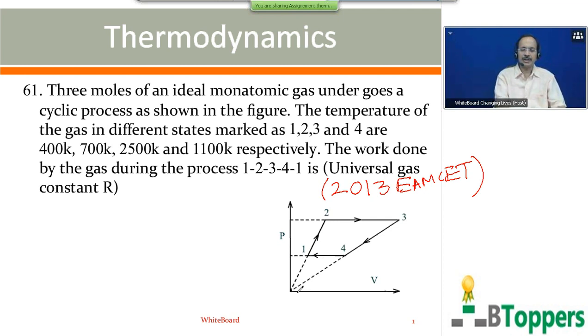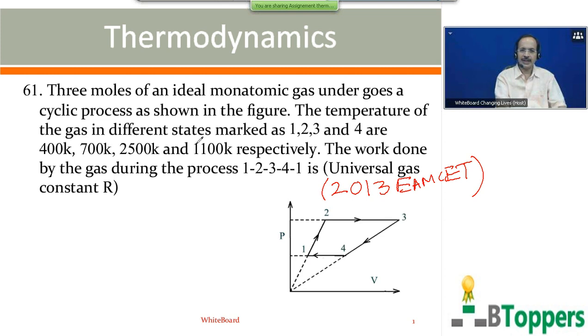I have given a similar question in the earlier assignment, but I had given the VT diagram, whereas here you are given a PV diagram. I will read out the question. 3 moles of an ideal monoatomic gas undergoes a cyclic process as shown in the figure.